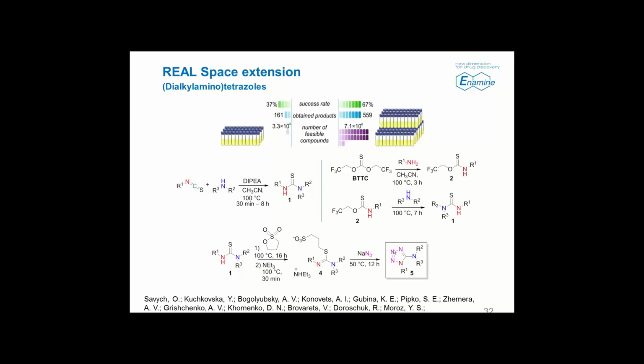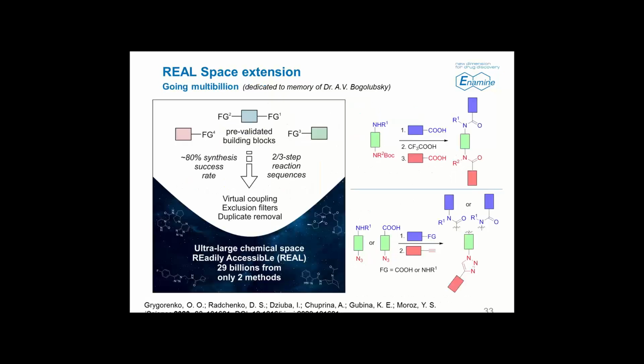In our other work, which is related to significant extension of the real database, published in iScience quite recently, we described the methodology to obtain a virtual space that exceeds many billions of compounds. And this approach relies on a very simple idea.